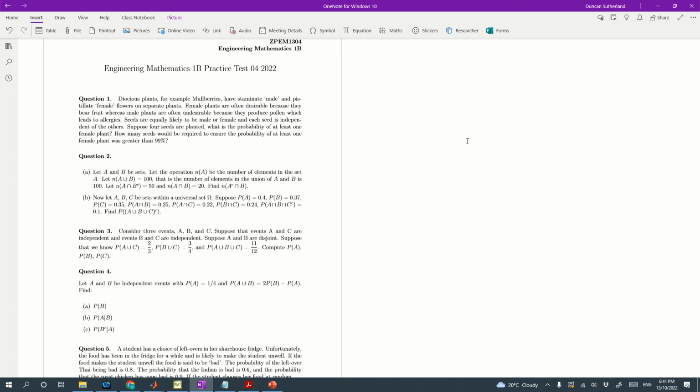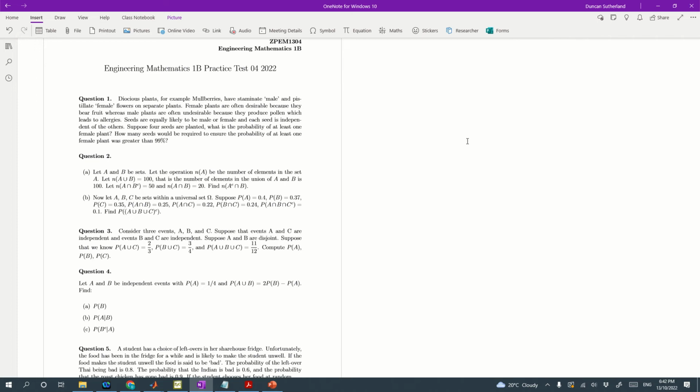Right, so question one, we're talking about plants like mulberries, and we're interested in the female mulberry because they produce the fruit. So we've got some seeds. Seeds are equally likely to be male or female, so there's a probability of 0.5 that it's female, and each seed is independent.